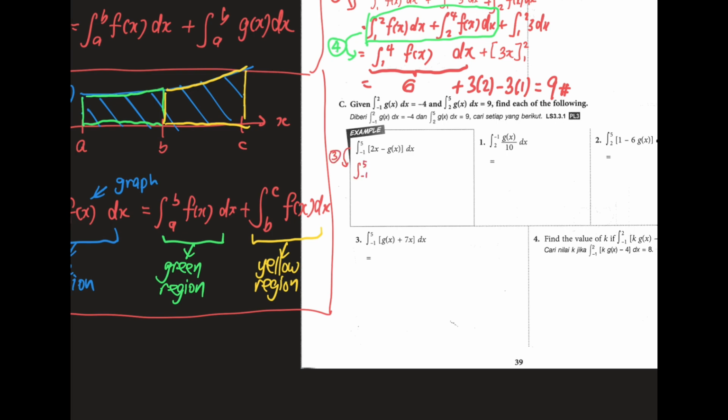Integrate -1 to 5 2x dx minus integrate -1 to 5 gx dx. Separate. So after we separate, then we see what to do here. For the second integration, we have to use formula number 4.